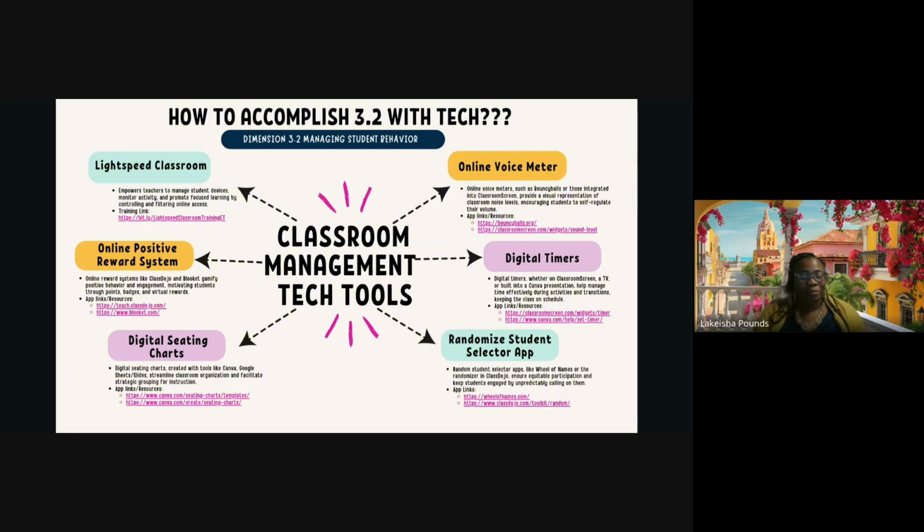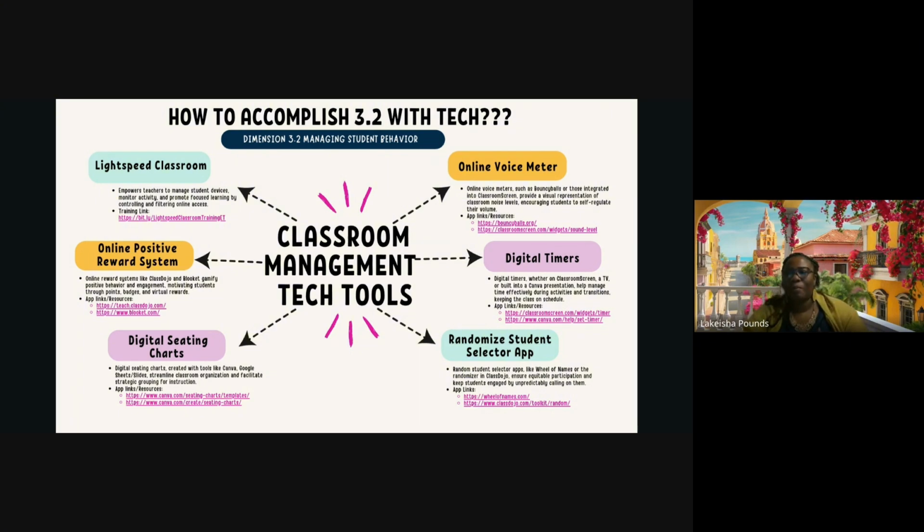But in the middle of an observation, if you tell the students you have 5 minutes and you have no concept of time, the students have no concept of time, and 10 minutes have passed, that is not a good thing. It's not a good thing. And the observer will notice, like, well, she said 5 minutes 10 minutes ago or 20 minutes ago. So this is why digital timers are important.